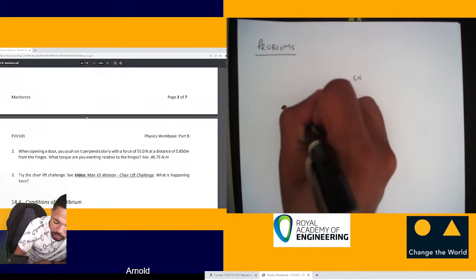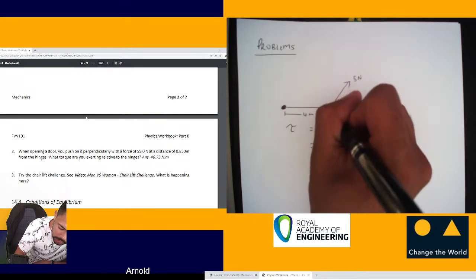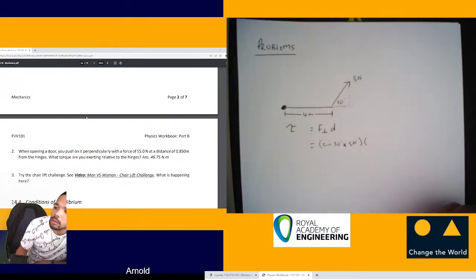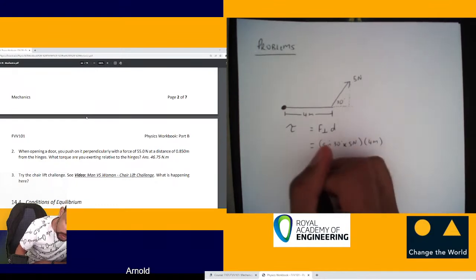It acts at a distance of 4 meters, so multiplied by 4 meters.